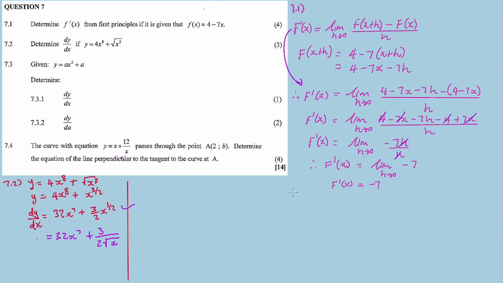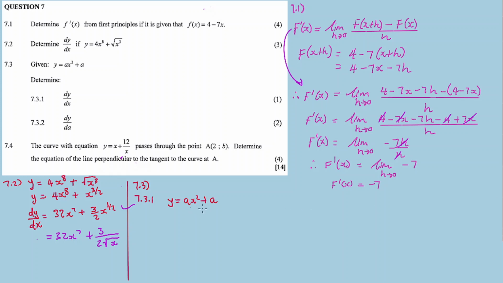Now we come to 7.3. Given y equal to ax squared plus a, 7.3.1, determine dy over dx. This is the equation they gave us. Yes? And then you differentiate with respect to x.